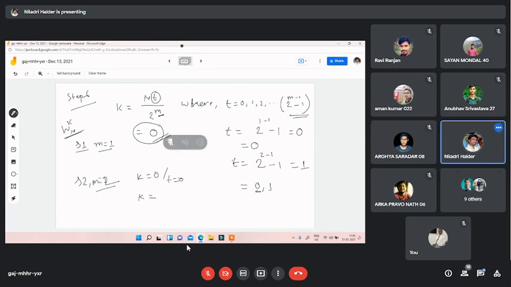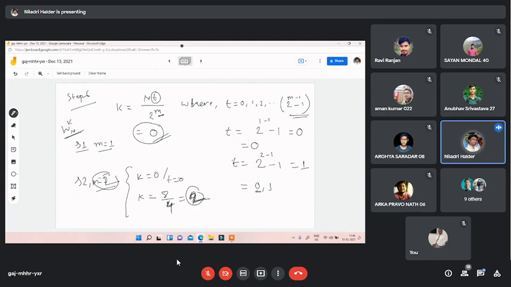N is 8, m is 2, so it will be 2 square, 4, and 8 by 4 will be 2, correct.